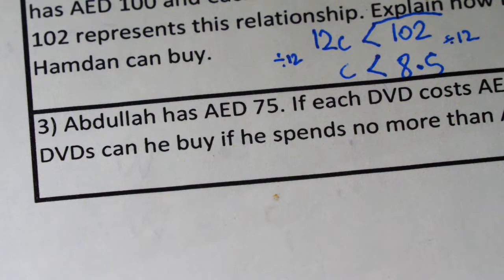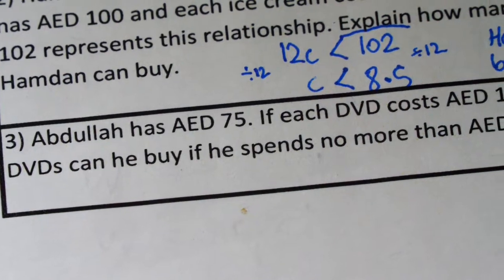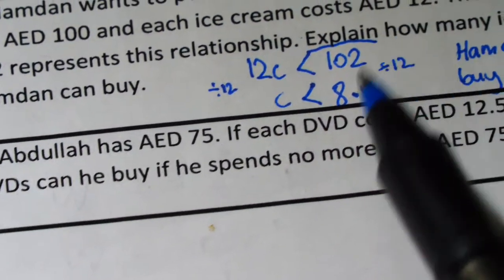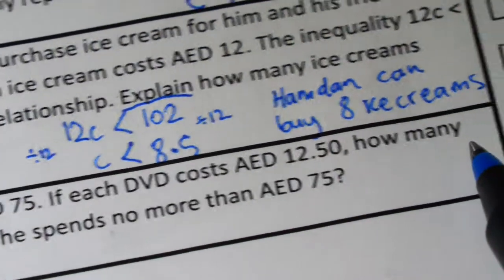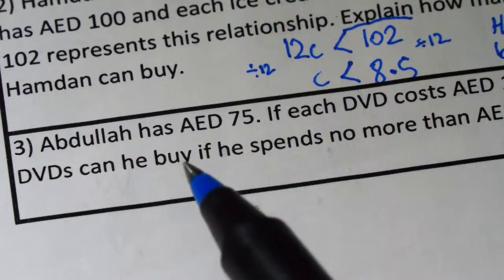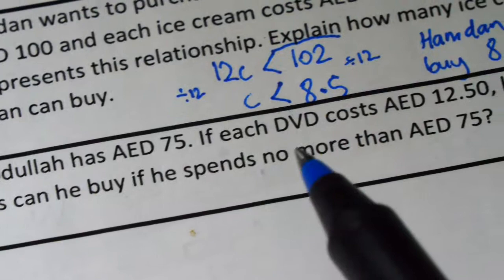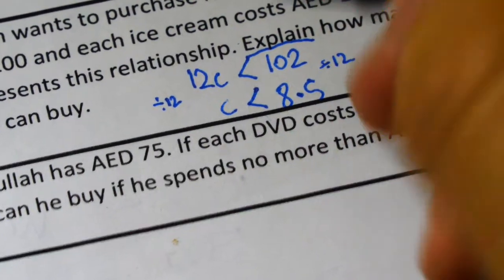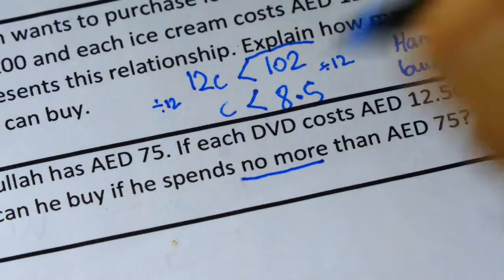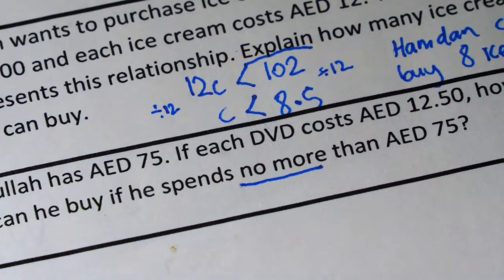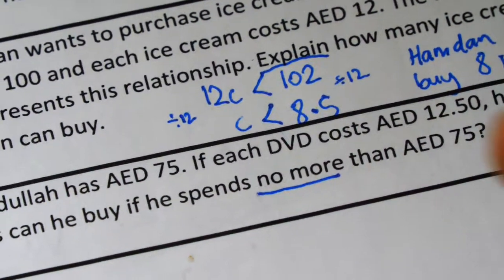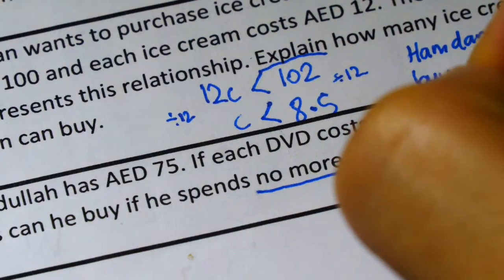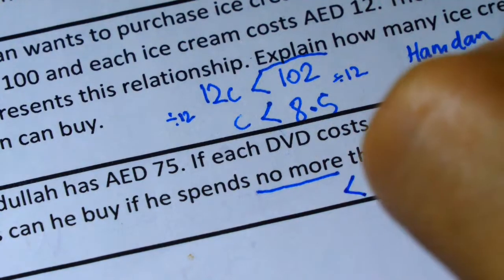Question number 3. Abdullah has 75 dirhams. Each DVD costs 12 dirhams 50. How many DVDs can he buy if he spends no more than 75 dirhams? No more than 75 dirhams. So no more means less. Not more than 75 means less than 75.